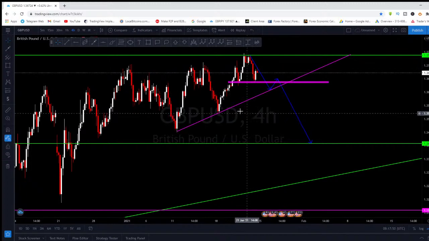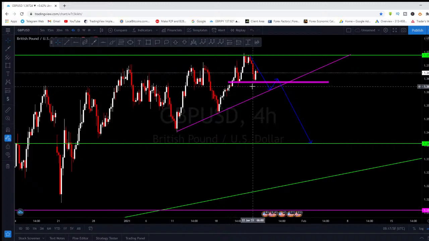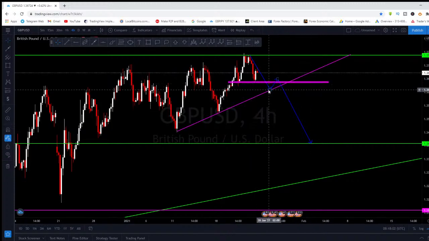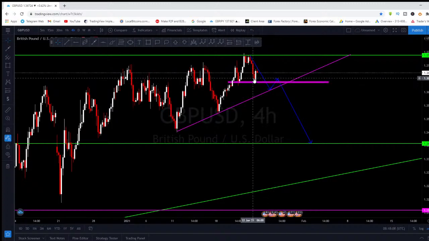But if the market is not able to break out of this, it's not going to go down to the downside, except it breaks out of this neck level, also retests on this trend line, goes back up again, and retests on this previous zone, which was support.